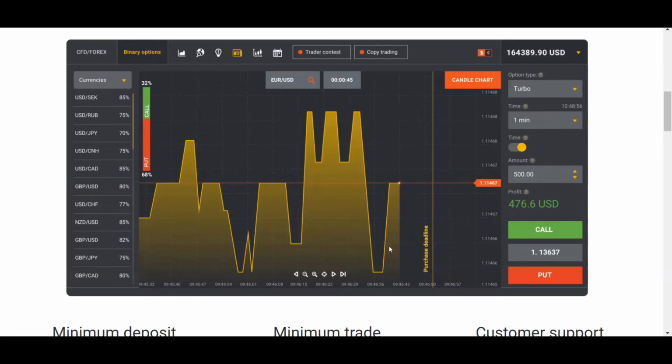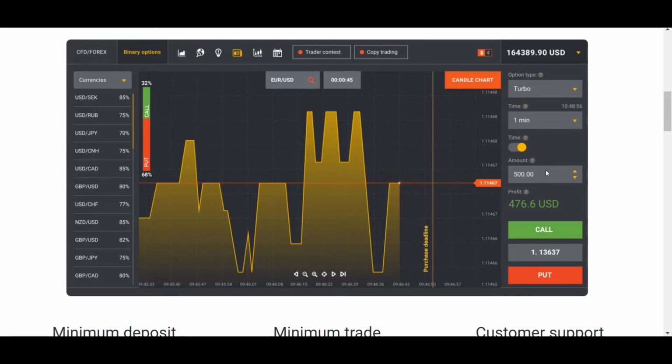So if you have fixed time off, you take it while this timer's already going, chances are you could be taking a 35-second trade, a 40-second trade, anywhere between 30 seconds to a full minute. So keep that in mind.